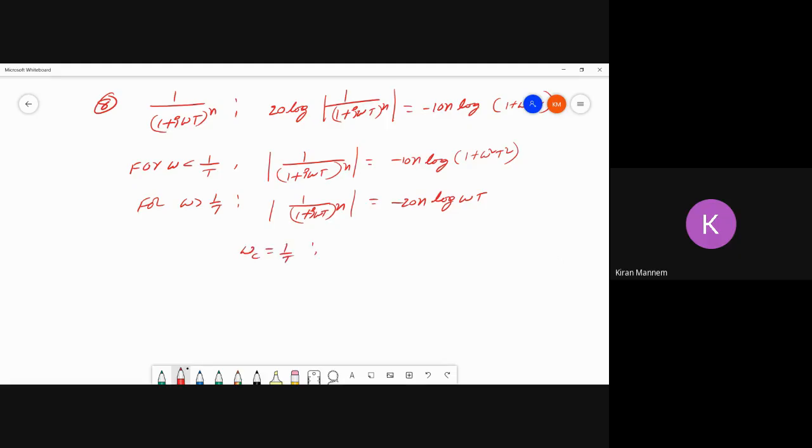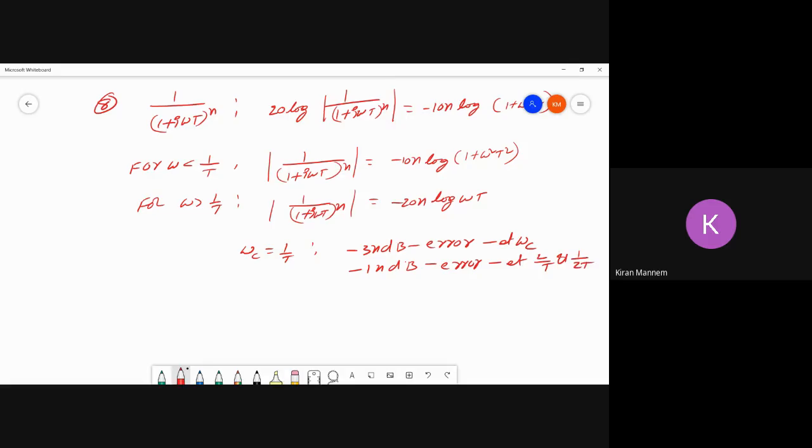We know that. And what is the error at the corner frequency? It is minus 3n dB. So you just multiply with your n here at the corner frequency. What's the phase angle? The phase angle would be minus 45n degrees at omega c, and the error at double the frequency, that is 2 by t, and at 1 by 2t, right?